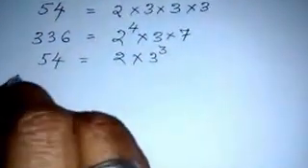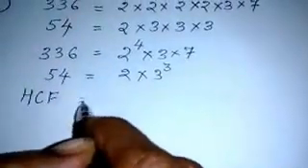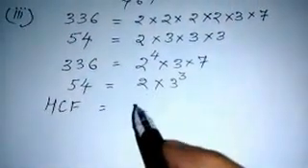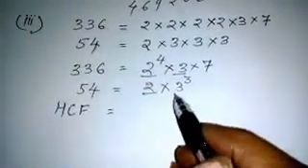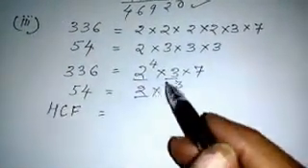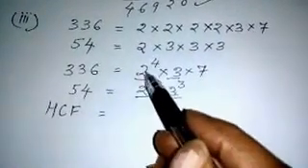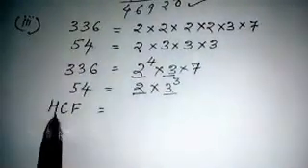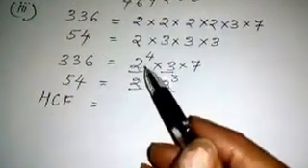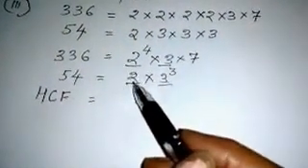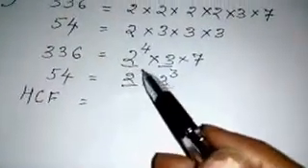So now let's calculate the HCF. Let's highlight the common factors. Here the common factors are 2 as well as 3. Both are common to both the numbers. But which one is to be written, 2 or 2 raised to the power 4? You can remember: highest common factor means select the least exponent. Here it is highest, select least.